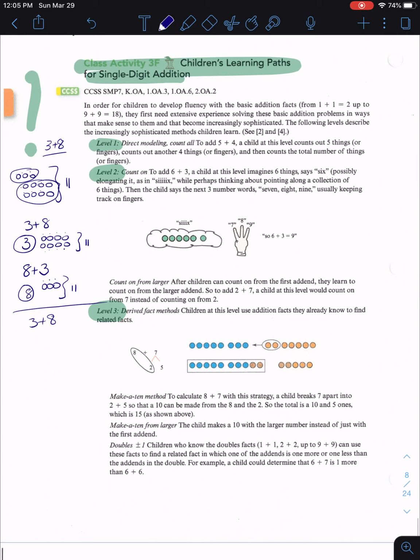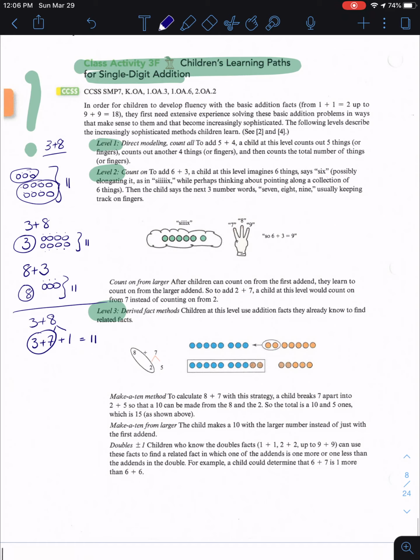A student could say, well, I know that 3 plus 7 is 10. But I needed to add 8, not 7. So 3 plus 7 is 10 plus another 1. So what they did was they split 8 into 7 and 1. That's the making 10 method.